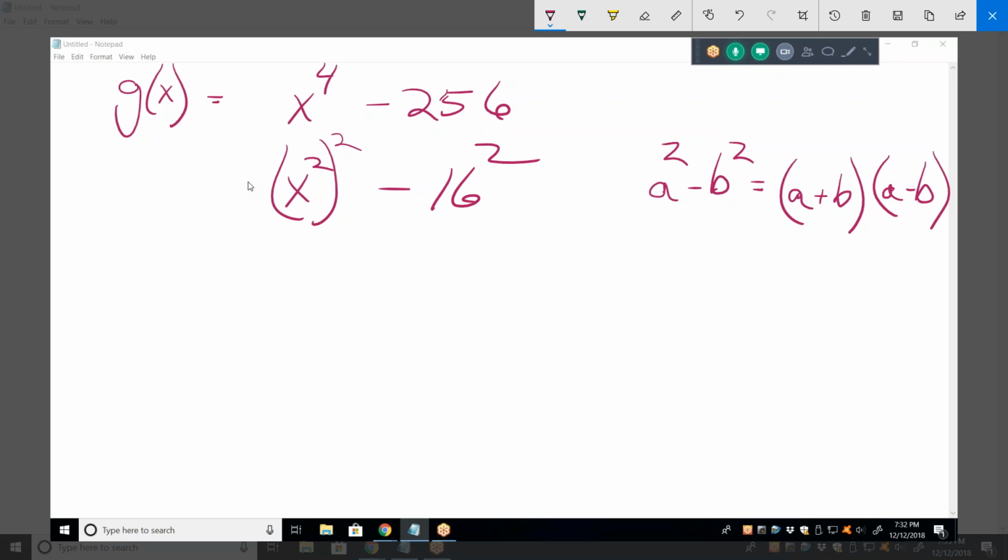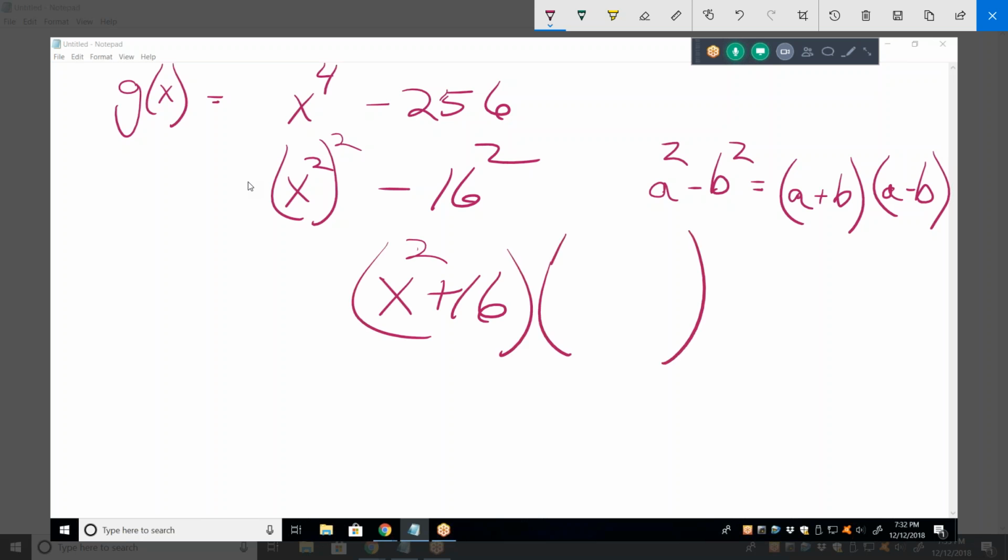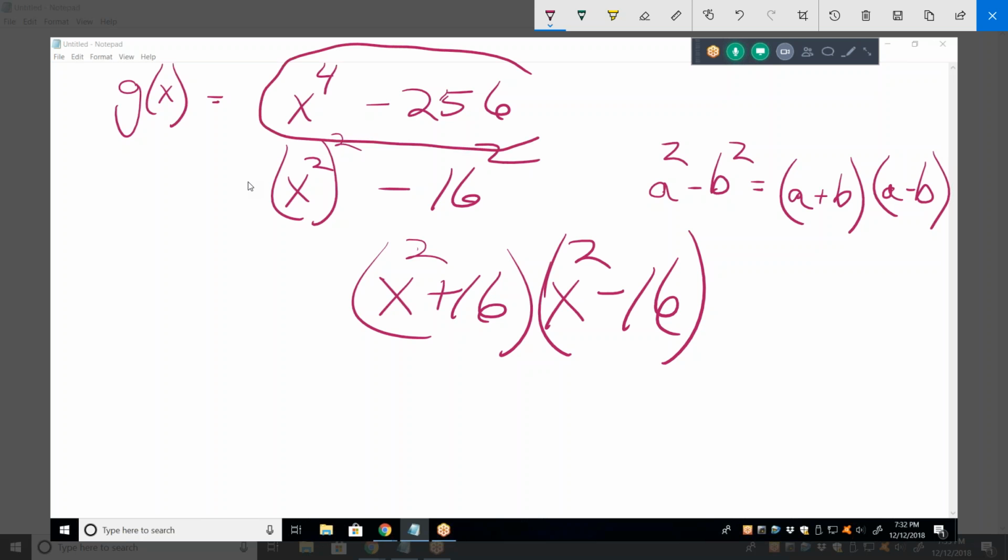So how does this factor? That would be x squared plus 16 and x squared minus 16. There you go. In other words, this is not technically difference of perfect squares, but it actually is, because it's x squared and 16 squared.